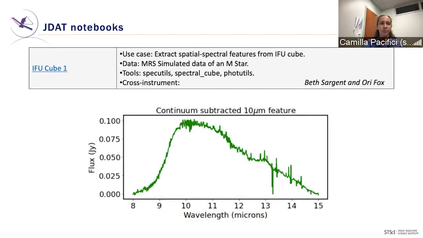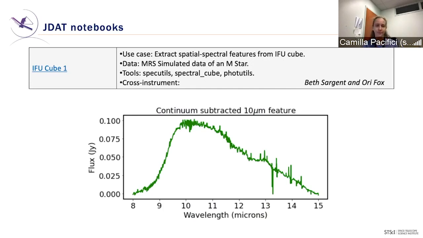And the last notebook we propose you is another IFU cube notebook. The authors are Beth Sargent and Ori Fox, and it's a MIRI MRS simulation of an M star, and you want to extract spatial spectral features from the cube using specutils, spectral cube, and photutils, but also using CubeViz again, the visualization tool.